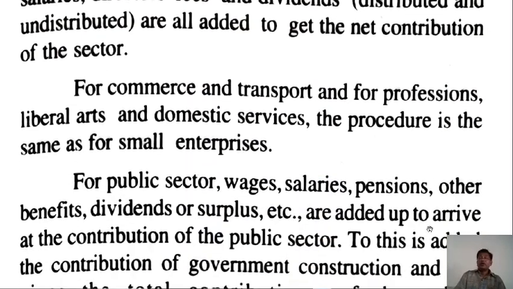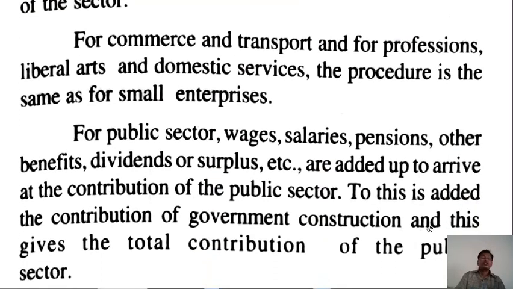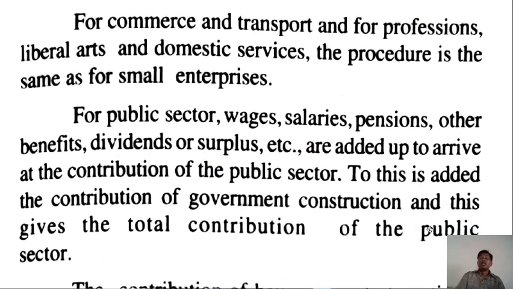For commerce and transport and for professions, liberal arts and domestic services, the procedure is the same as for small enterprises. For the public sector, wages, salary, pension, other benefits, dividends or surplus, etc., are added up to arrive at the contribution of the public sector. To this is added the contribution of government construction, and this gives the total contribution of the public sector.